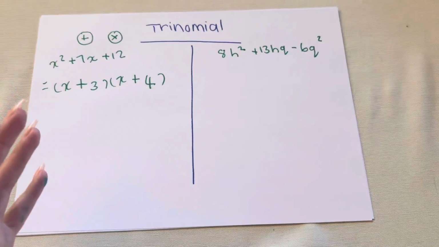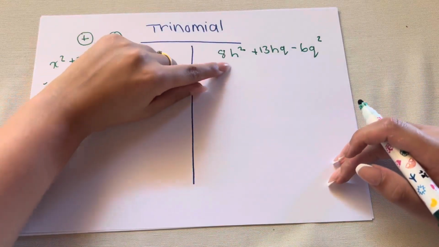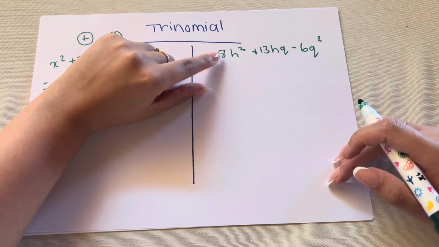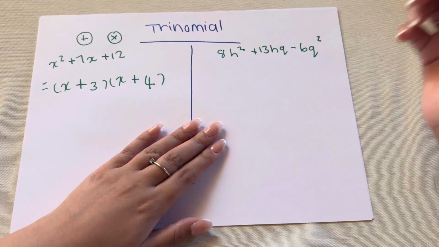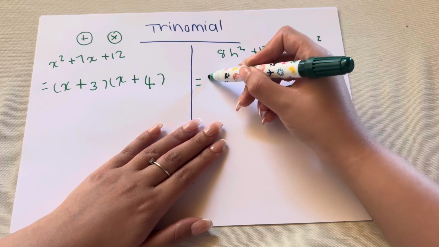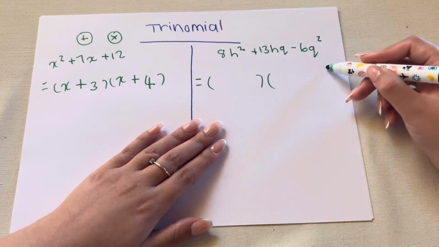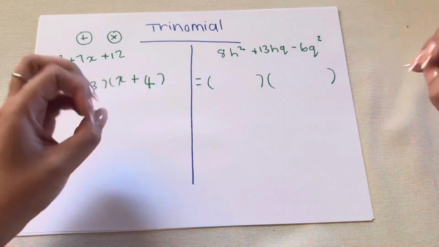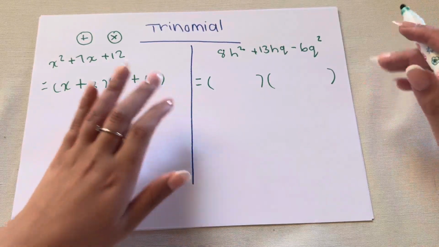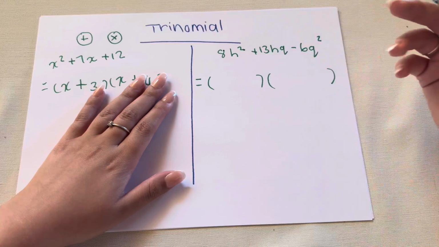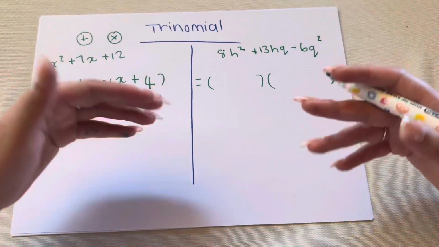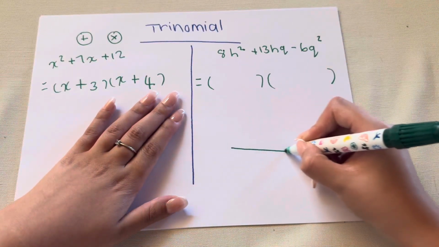Now, in grade 10, we introduce an A factor. So that is when we have a coefficient here. So once again, going to have 2 brackets. But now the pairs might not be as apparent. So I'm going to use a little process called the T1C. I usually use this when I teach my students in our face-to-face classes.